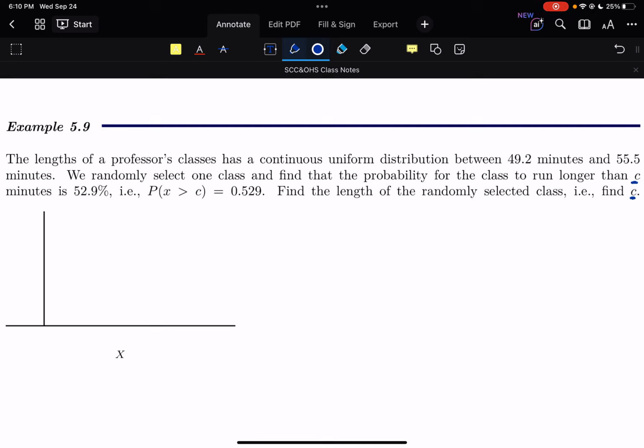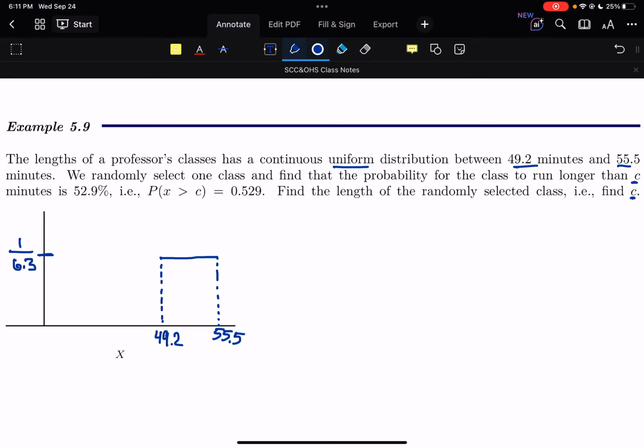So that's find C. So we know that their classes run from 49.2. So I'll kind of shift this up a little bit here. So we'll say 49.2 up to 55.5. So it's a uniform distribution, so it's that horizontal line. This value, again, is 1 over b minus a. So that's going to be 1 over 6.3 for our height.